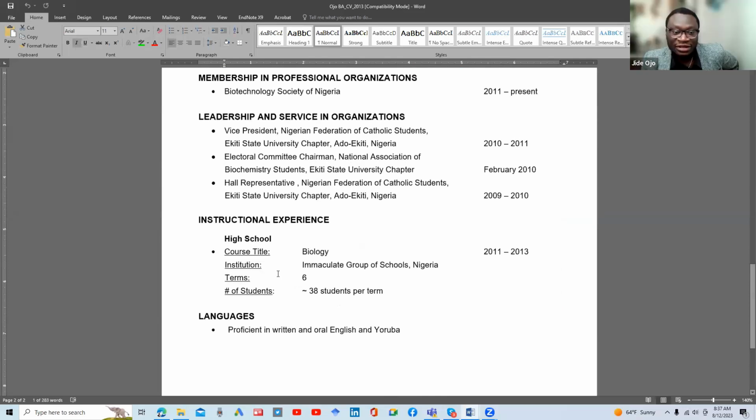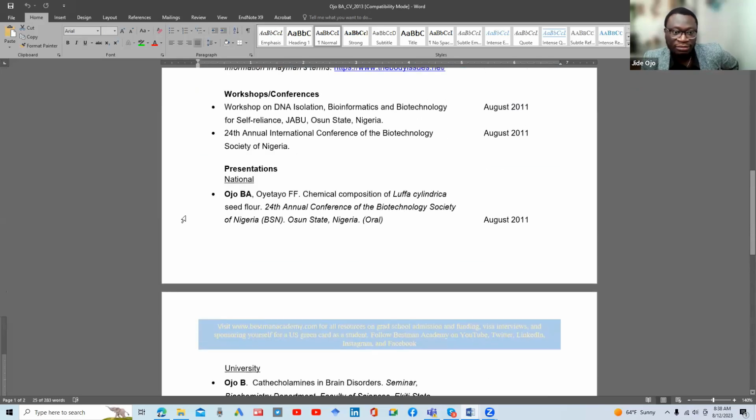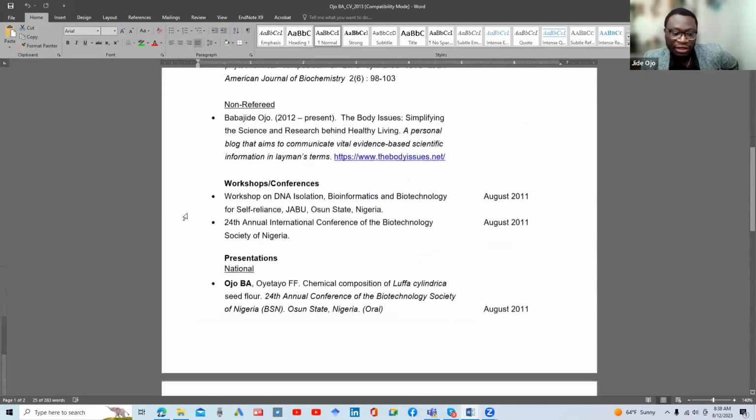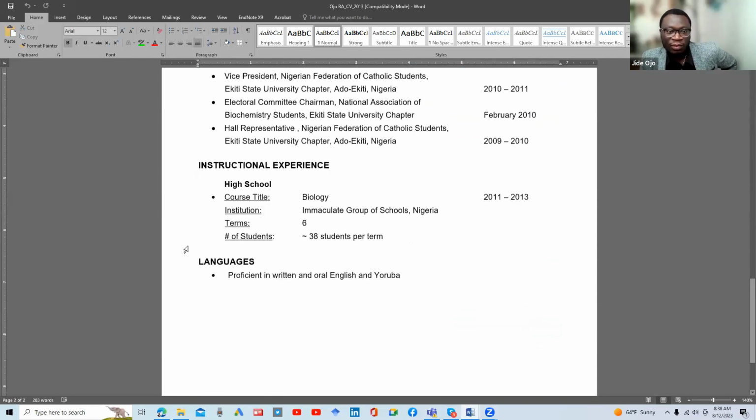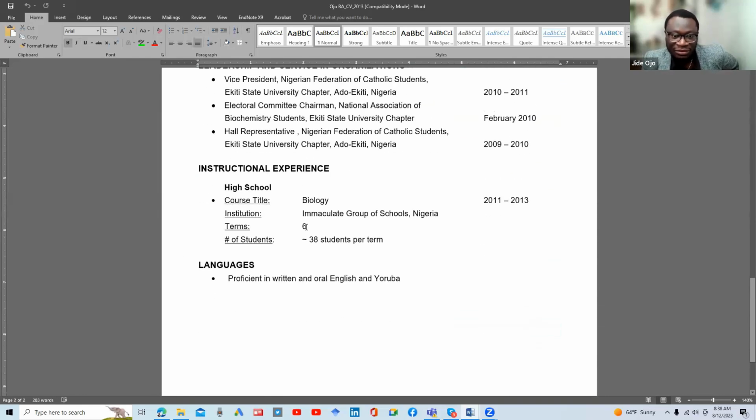And for my teaching experience, I put that at the end because I was hoping to get a research position then, so that wasn't really important. But if I were to do this now, I will probably put this somewhere after this section, somewhere here. Again, you can see how I split everything out.